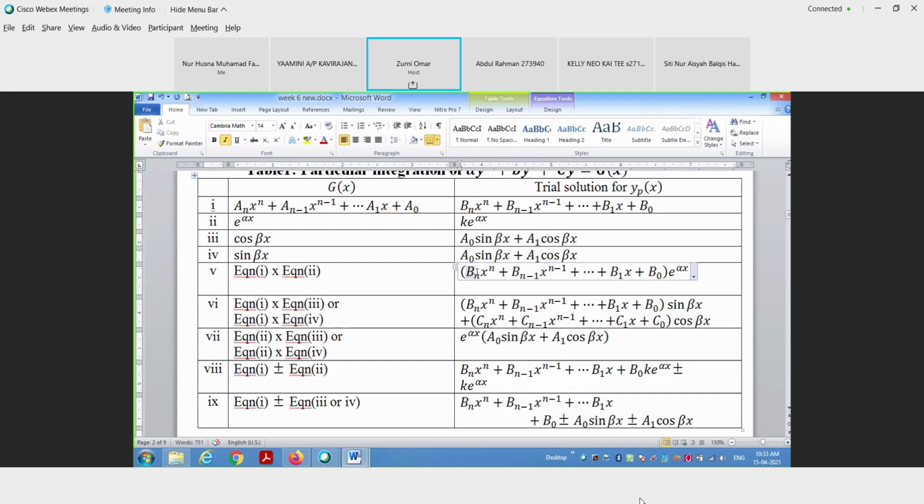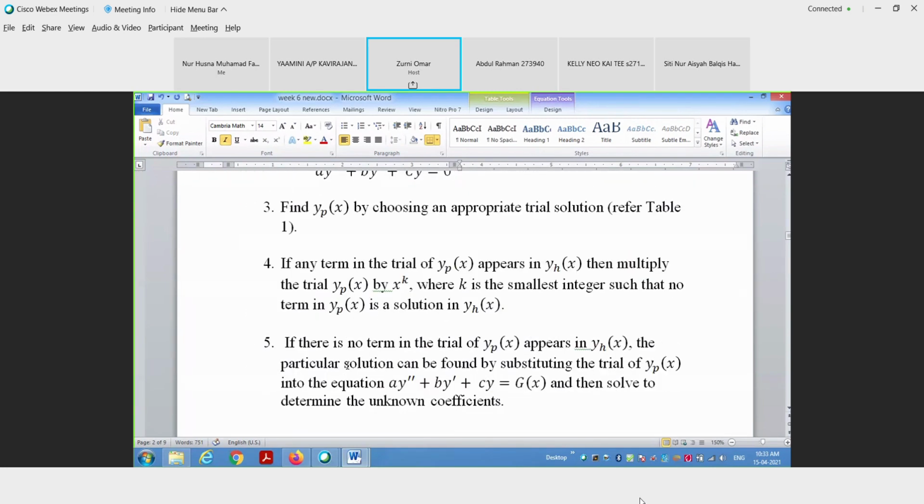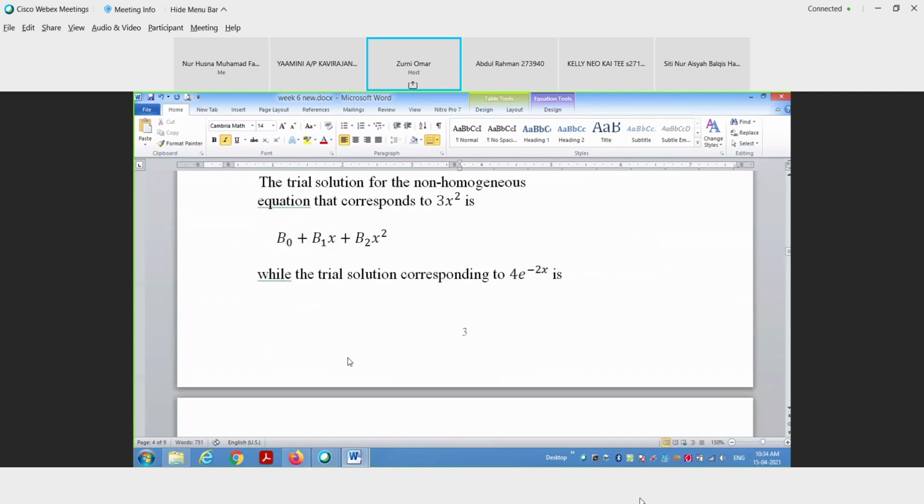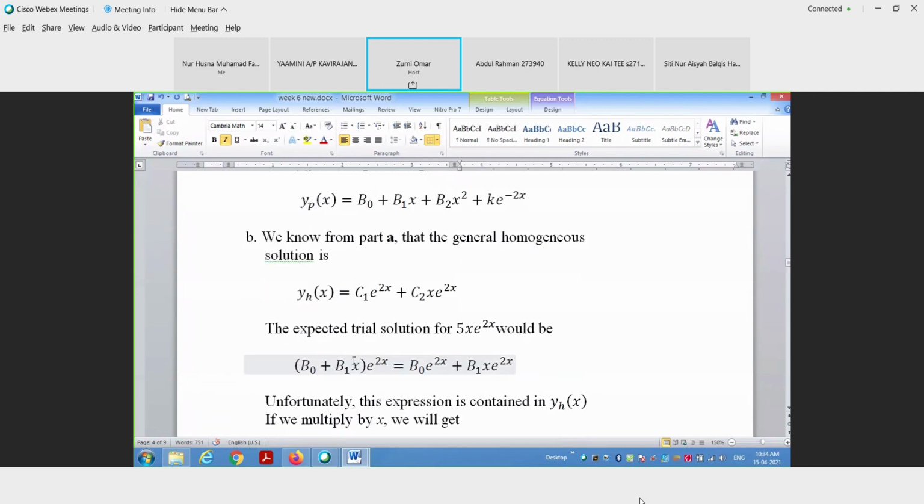Polynomial times exponent, and that's why your trial solution will be in this form. Because this corresponds to 5x, which is a polynomial of order 1, b0 plus b1x, and then times this exponent, e^(2x).